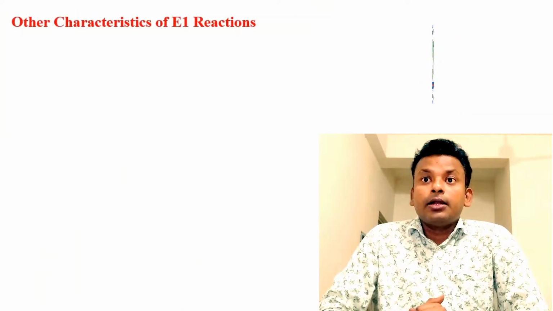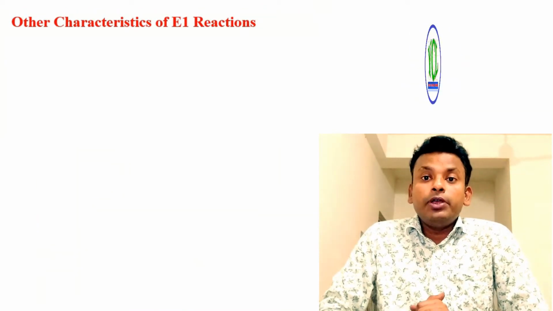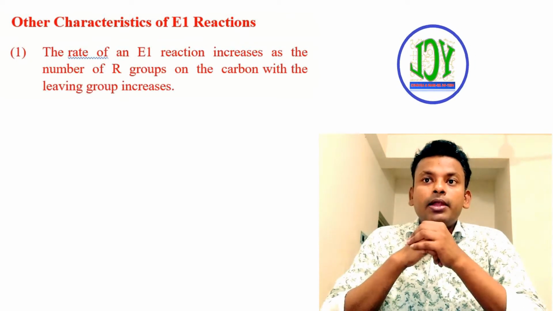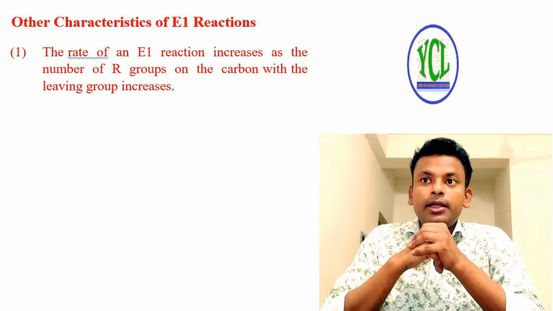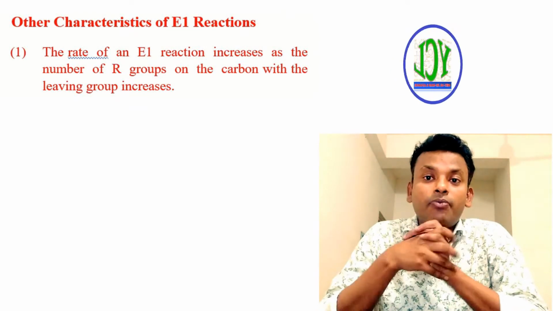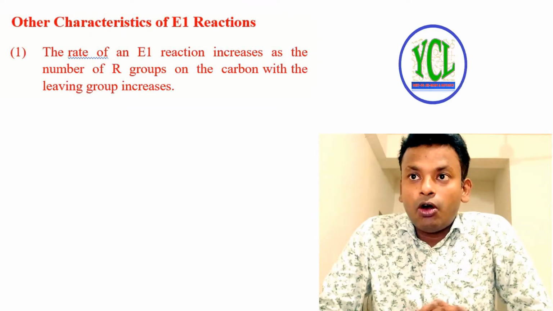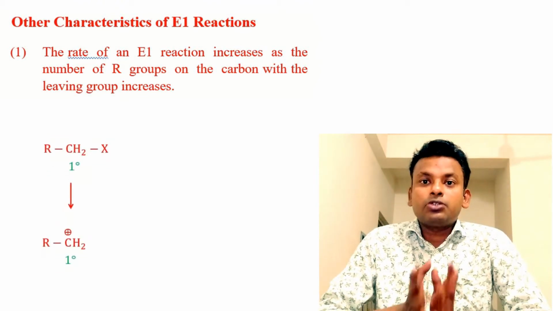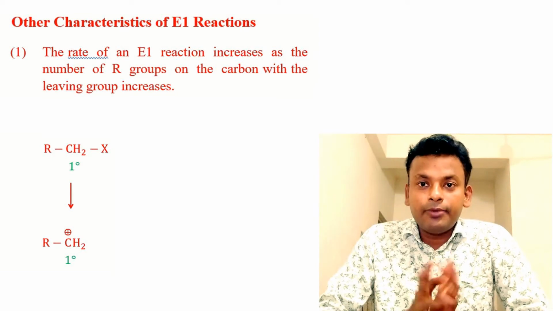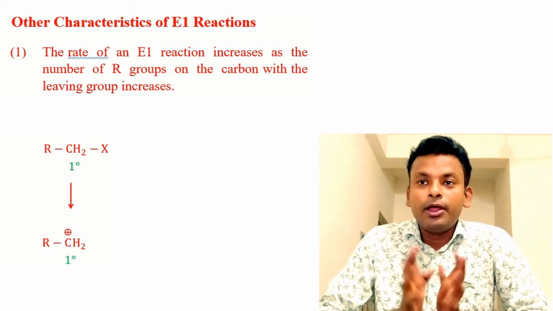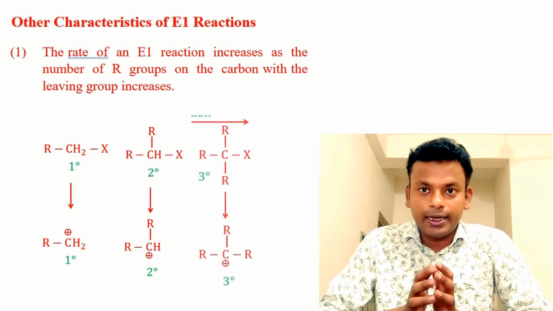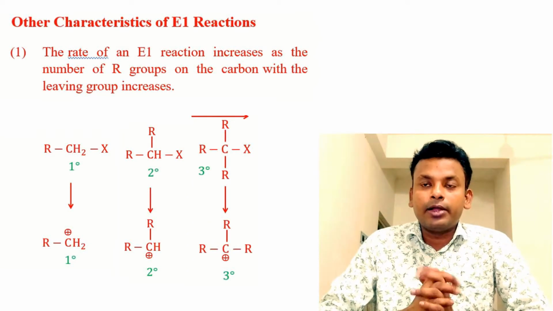Now the other characteristics of the E1 reaction. First, the rate of an E1 reaction increases as the number of alkyl groups on the carbon with the leaving group increases. First, 1 degree alkyl halide forms 1 degree carbocation, 2 degree alkyl halide forms 2 degree carbocation, and 3 degree alkyl halide forms 3 degree carbocation.